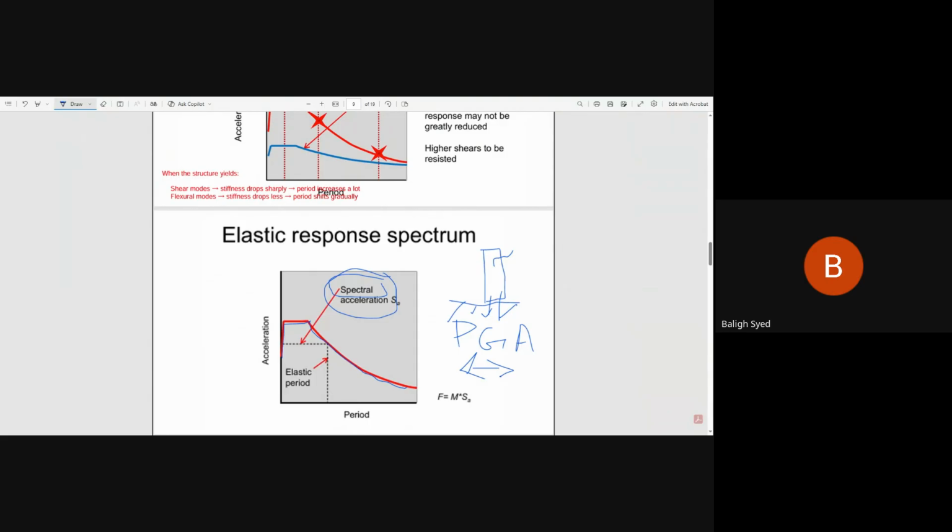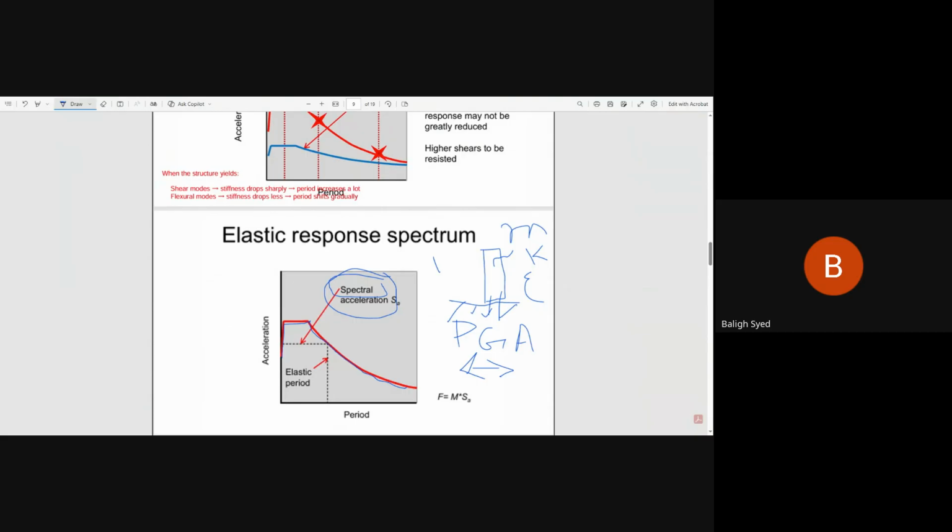The most critical variables are mass, stiffness, and damping. These three will decide the acceleration and ultimately the period of the system. That's called the spectral acceleration.